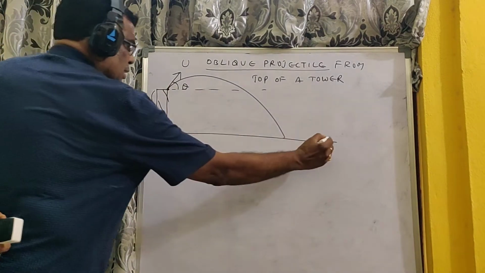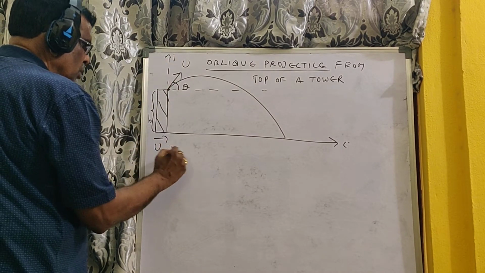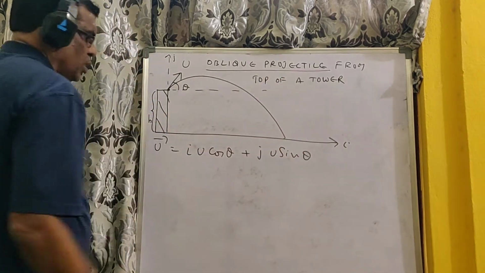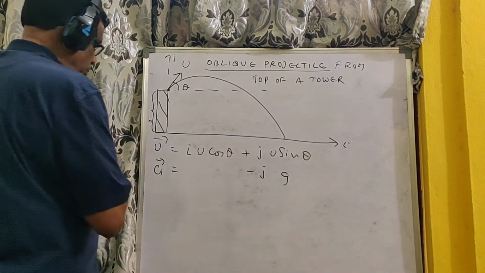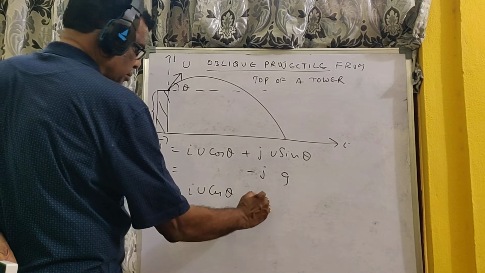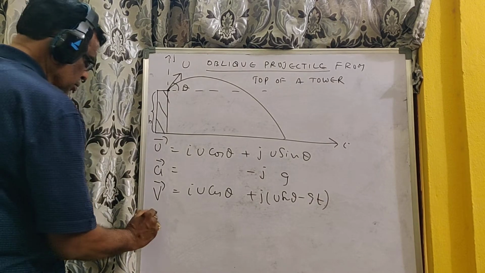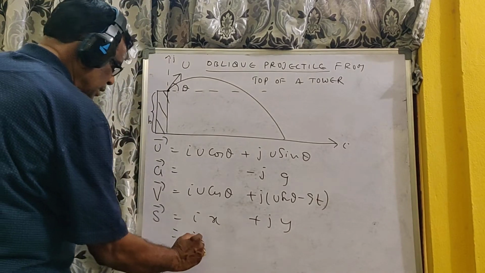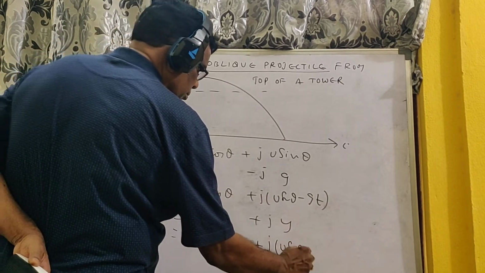Now, if I take this as i, this as j, as before, you can write your equations as u bar equals i u cos theta plus j u sin theta. A bar, no change. V bar, no change. S bar, as before, is i x plus j y, where x is u cos theta t, and y is u sin theta t minus half g t squared.